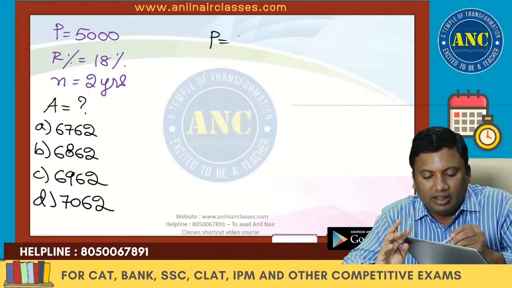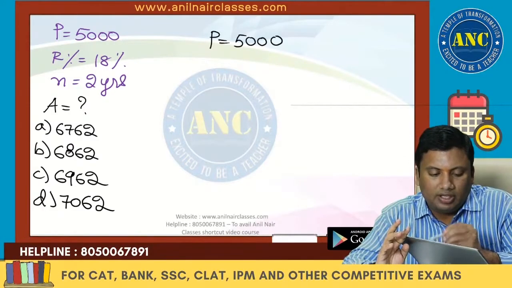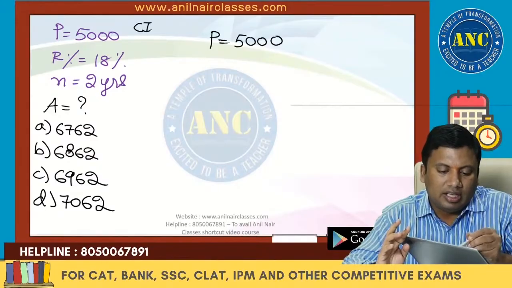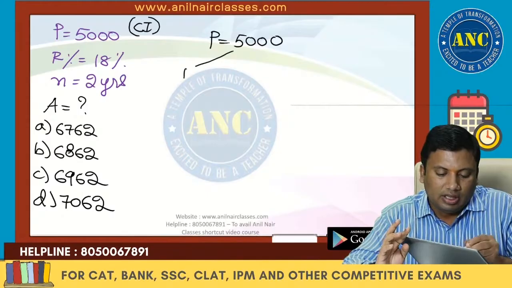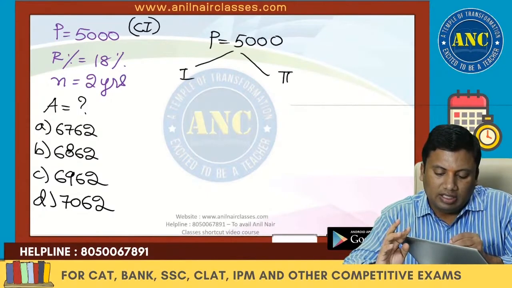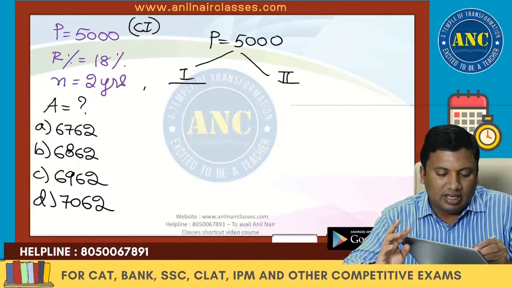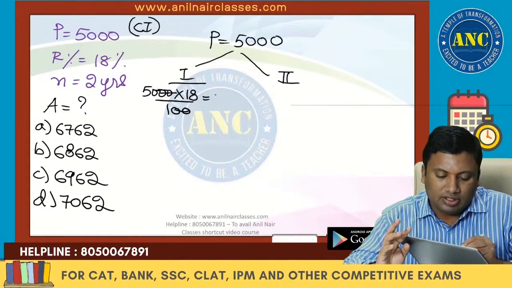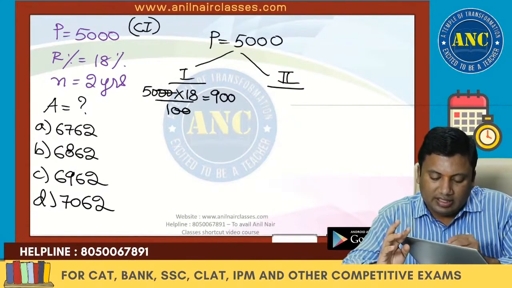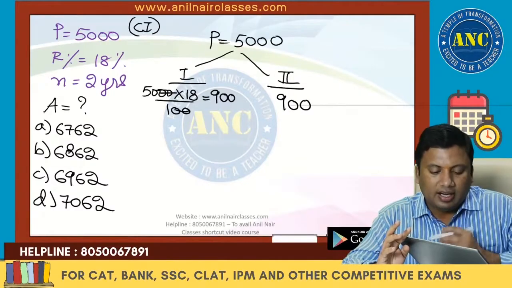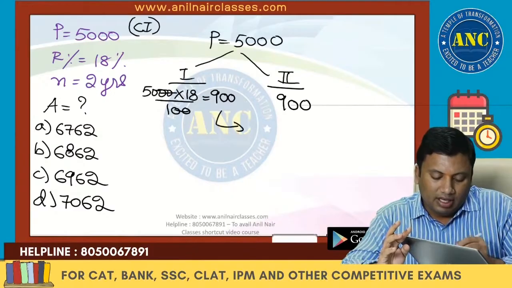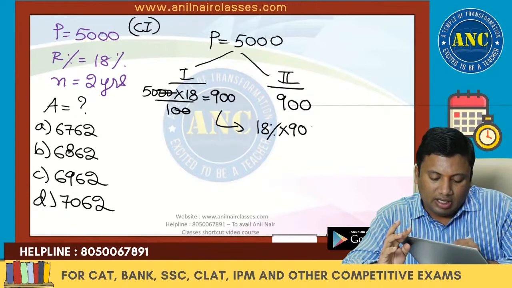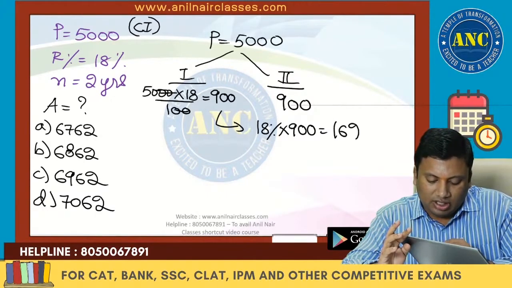Principal is 5000. It is under compound interest. This is first year and this is second year. First year it is 5000 into 18%, which is nothing but 900. SI remains the same for every year, 900. This is 18% of 900, which is 162.